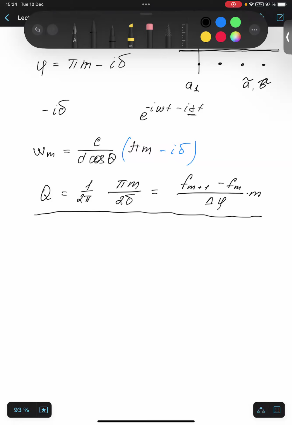Also an important feature here: you see that here we have m. So it means that the larger the number m, the larger the quality factor we obtain. But why? Can someone answer why? m is just the number of the mode, the number of the frequency.